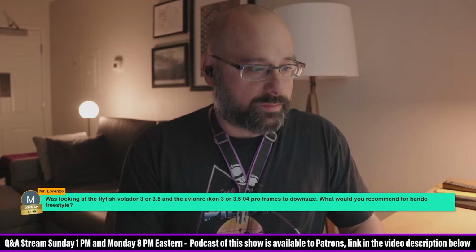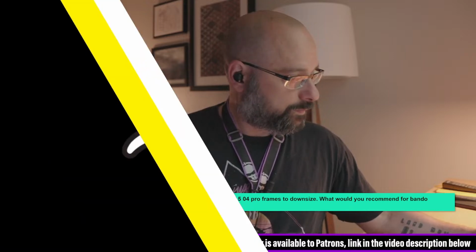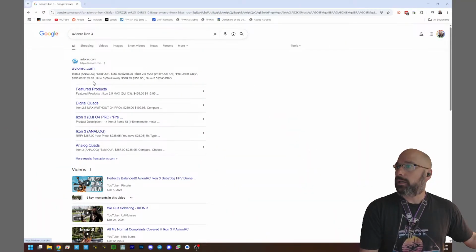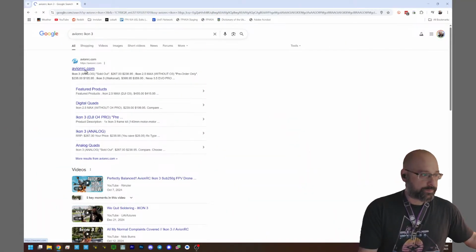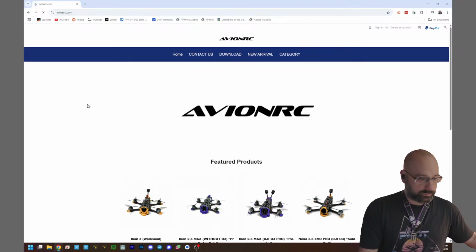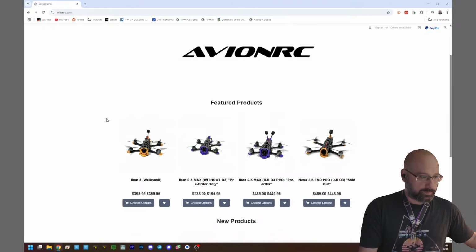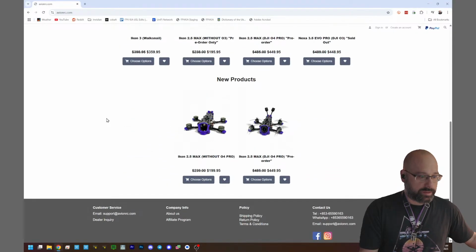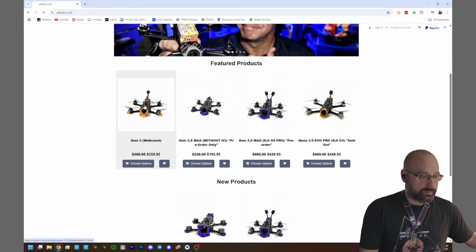Now that one I'm fairly familiar with. The other one is the Avion RC Icon 3. Let's look. Icon 3. Oh, that's a pre-build. You're looking at just the frame, though, right?